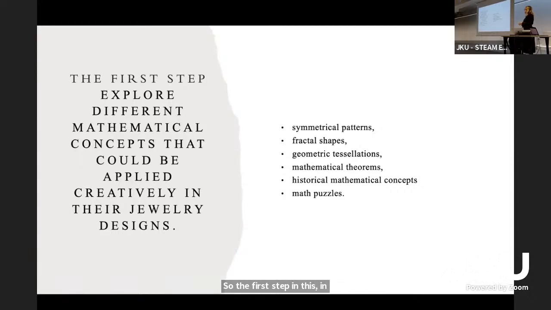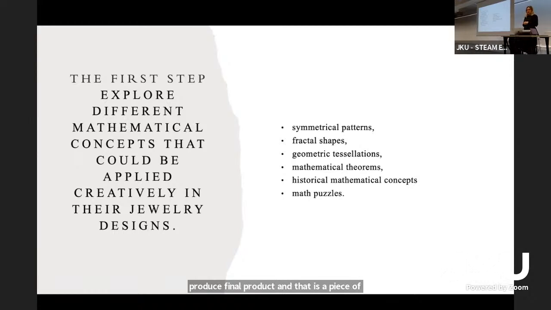So the first step in this project was to explore different mathematical concepts that could be applied to the creation of the jewelry. That is the connection to the curriculum. Students explore symmetrical patterns, fractal shapes, geometrical tessellation, mathematical theorems, historical mathematical concepts, history of math puzzles, anything that could inspire them to produce the final product, which is a piece of jewelry.